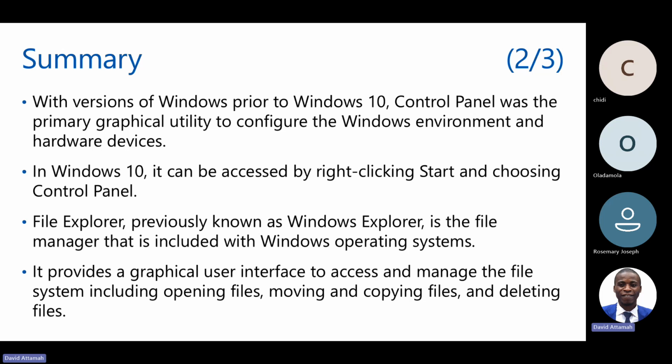In Windows 10, it can be accessed by right-clicking the Start button and choosing Control Panel. File Explorer, previously known as Windows Explorer, is where you manage files included in the operating system.